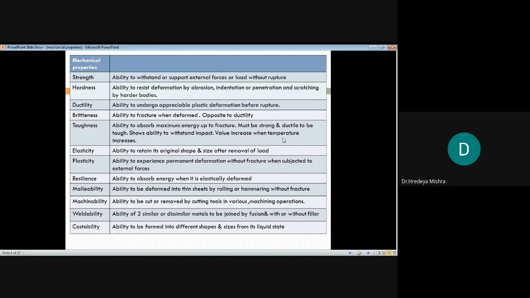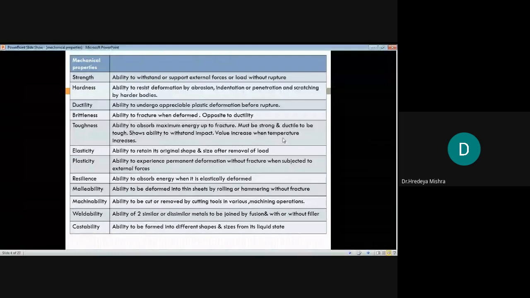So we can say that elasticity is the ability of a material to regain its original shape and size. Elasticity is the property of the material by which it regains its original position after removal of the force.